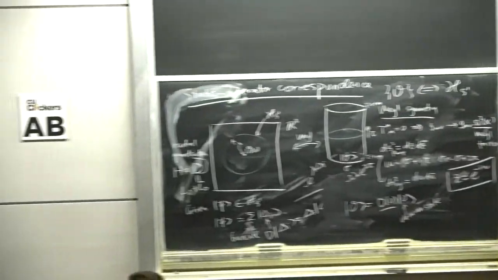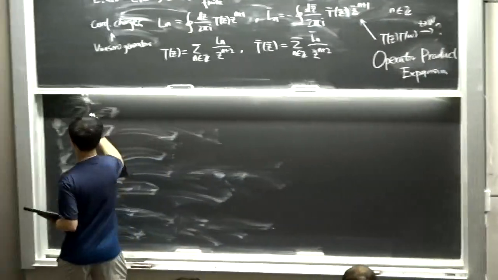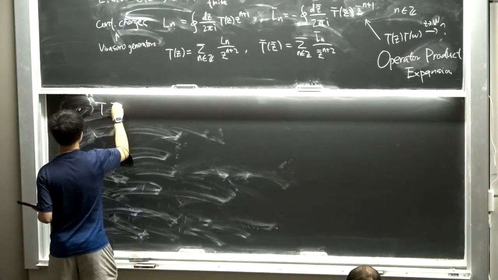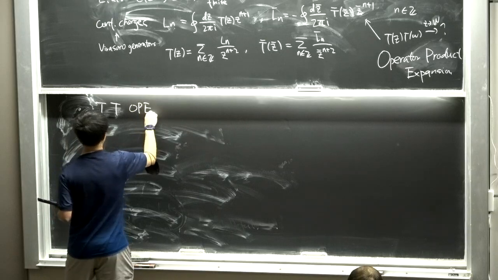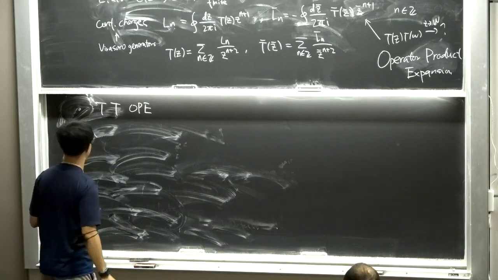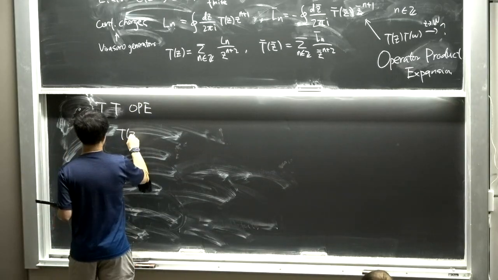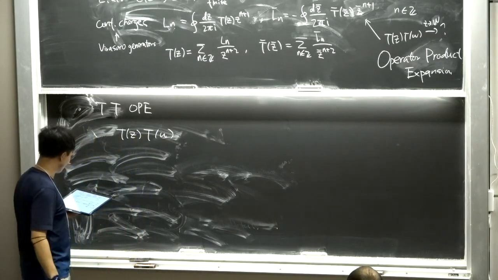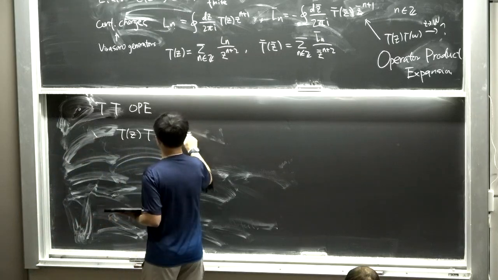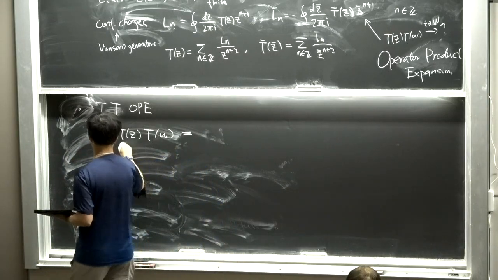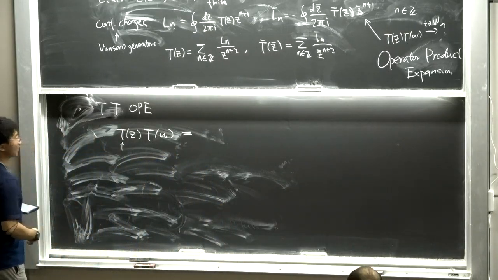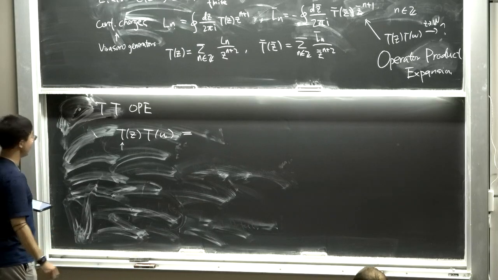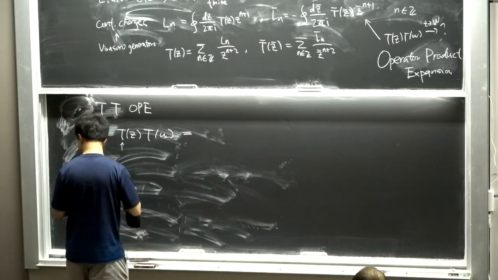All right. So how do we determine the Virasoro algebra? We look at the TT OPE, namely the OPE of the stress energy tensor that generates the Virasoro symmetry. As always, the stress tensors in d dimensions have dimension d, so in 2 dimensions, dimension 2.